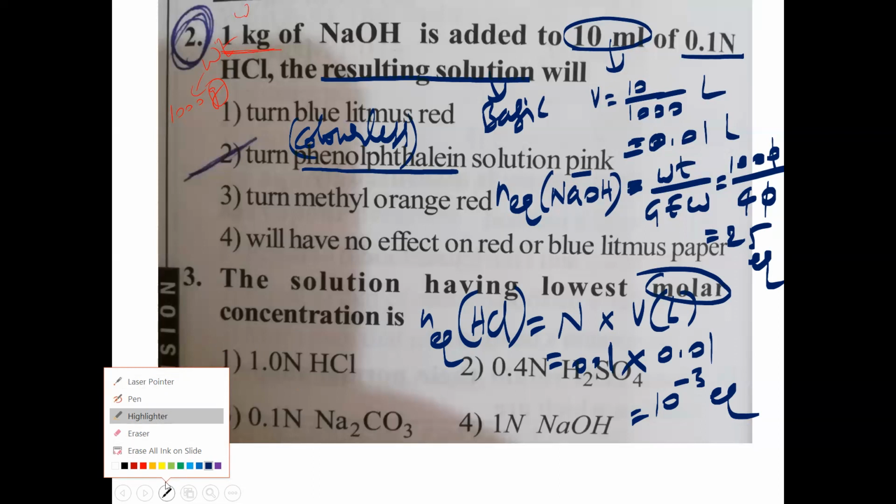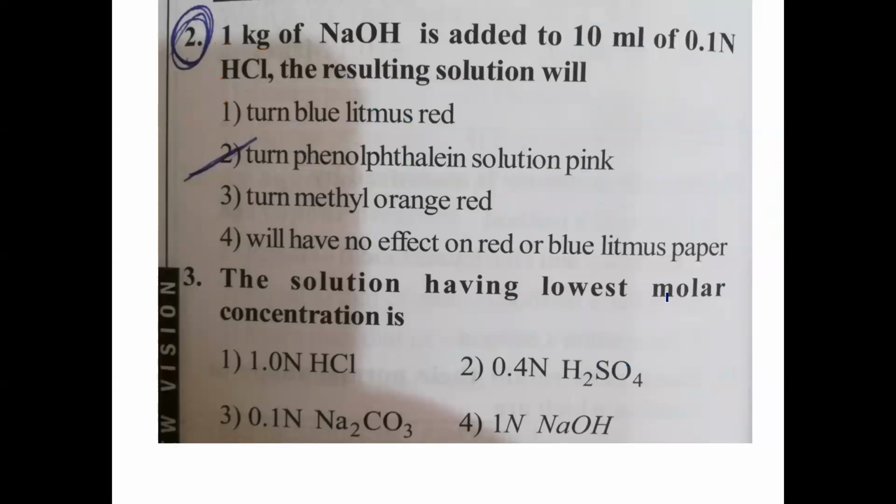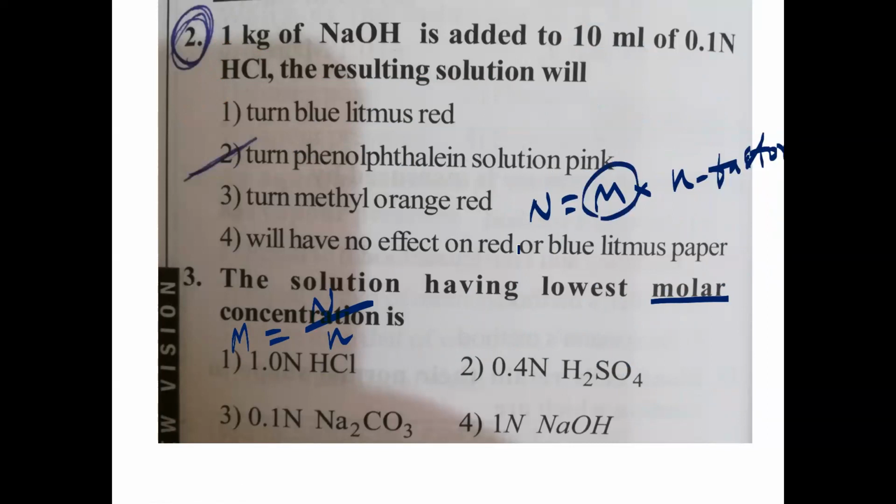Yeah. So next, what is given here? Molar concentration they ask, meaning molarity. Molarity is equal to normality by n factor. Generally we know that normality is equal to molarity into n factor. So here molarity is equal to normality by n factor.